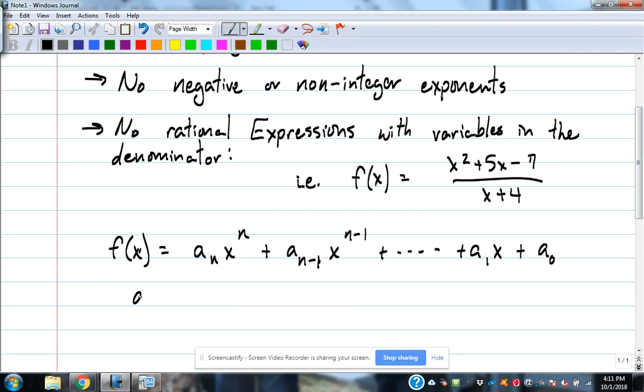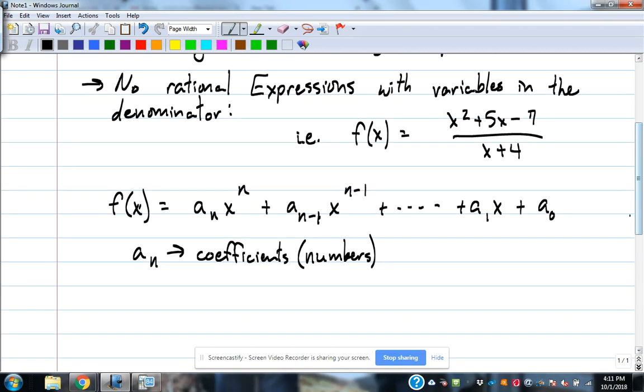All these a sub n's, those are just coefficients, numbers. Typically, they're integers, but not always. Sometimes they're fractions, but they're just the numbers in front of the variables.